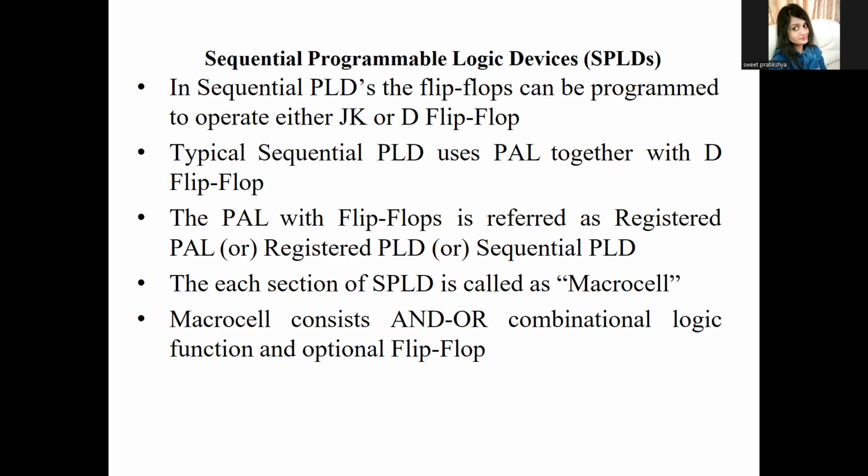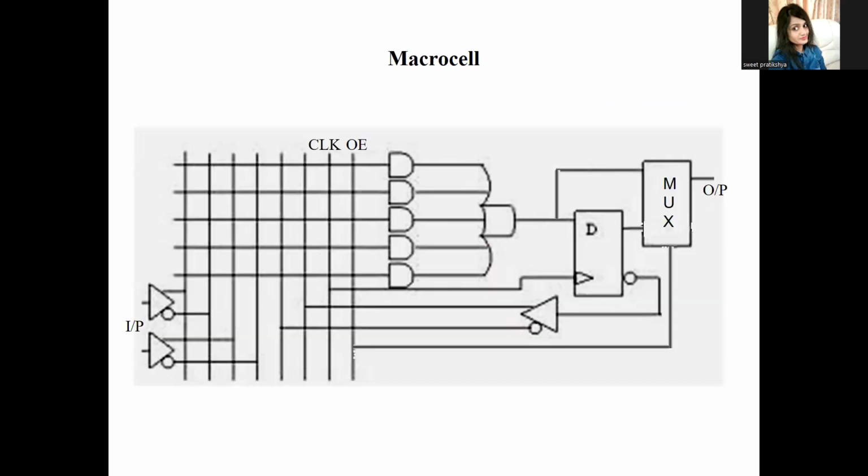So this is all about SPLD. SPLD is a sequential programmable logic device which contains sequential circuits like flip-flops and registers controlled by a multiplexer, and the inputs are given by AND or OR gates. So this is the block diagram of a macro cell. You can see these are the inputs, there are the logic gates, now we have a D flip-flop, and the output contains a multiplexer to be controlled.